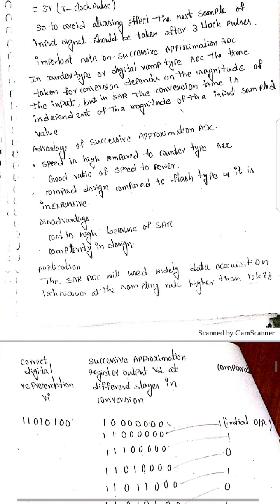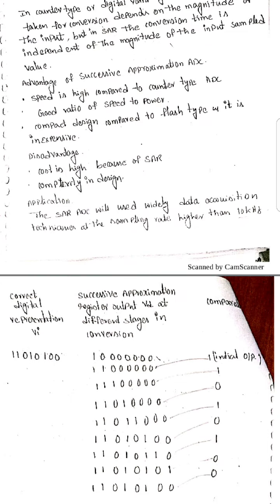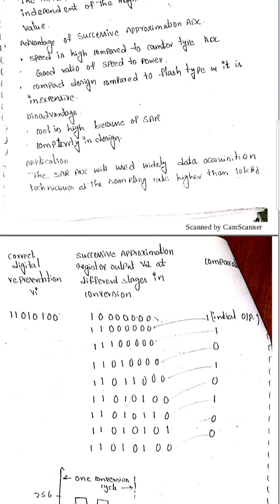Disadvantages: cost is high because of the SAR and complexity in design. Applications: the SAR ADC is widely used in data acquisition techniques at sampling rates higher than 10 kHz.